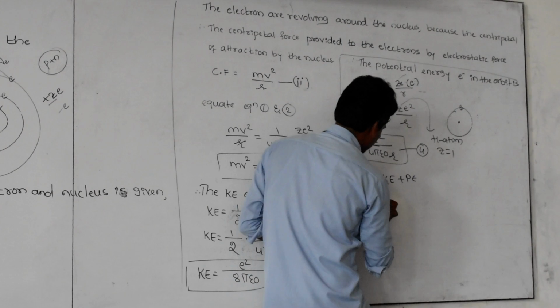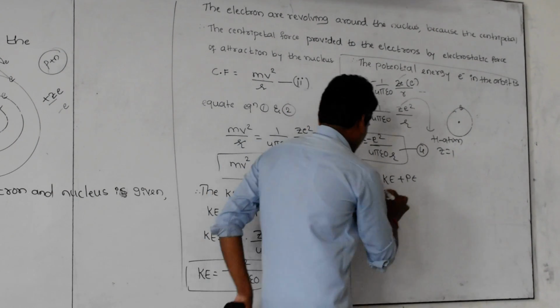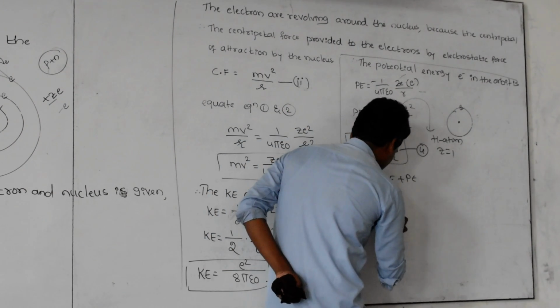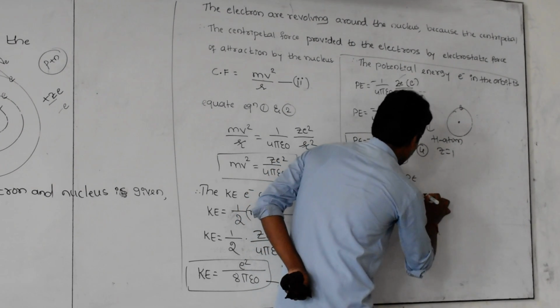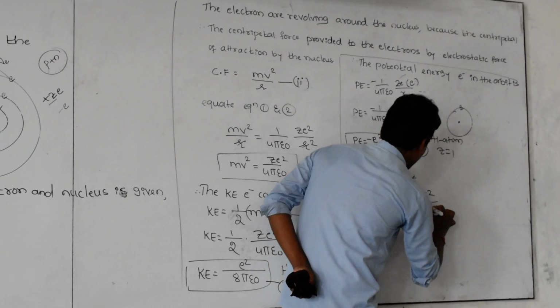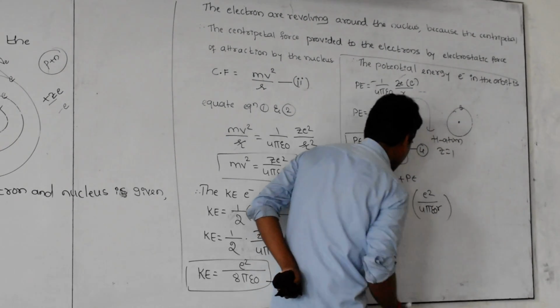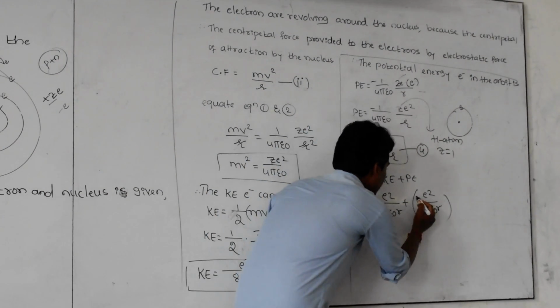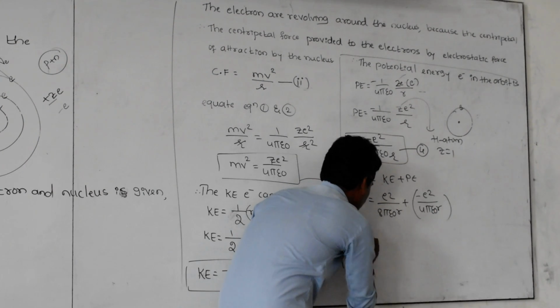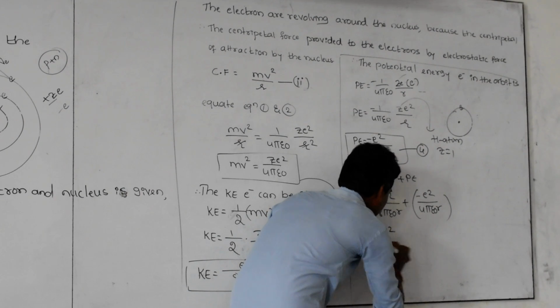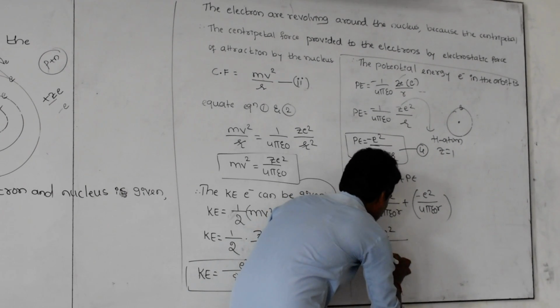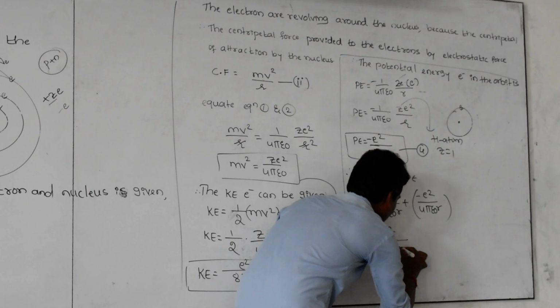Total energy is equal to E square divided by 8 pi epsilon naught R, plus minus E square divided by 4 pi epsilon naught R. Take the LCM and you get the answer: minus E square divided by 8 pi epsilon naught R.